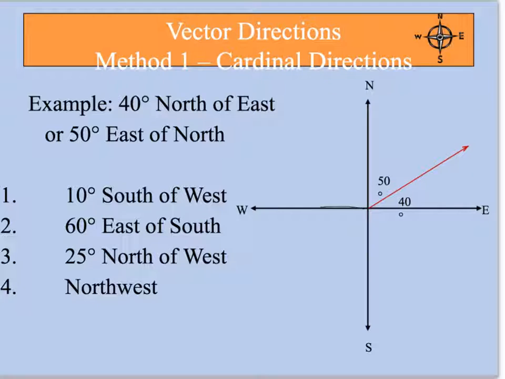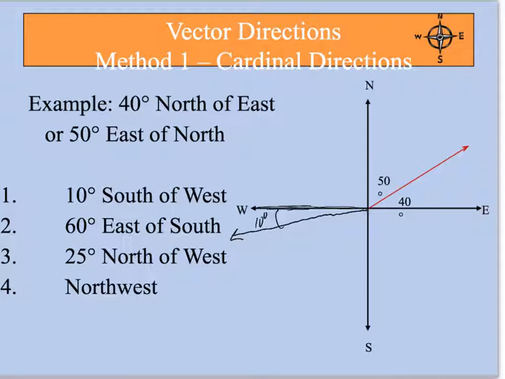Well, here's west, and we're going to go 10 degrees south. So that's going to be approximately right there, 10 degrees, roughly. Now, of course, I don't have my protractor out, so it's not going to be to scale, but it would be just below the west vector there.